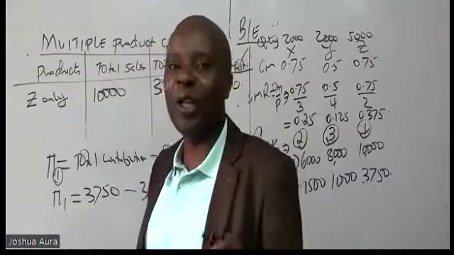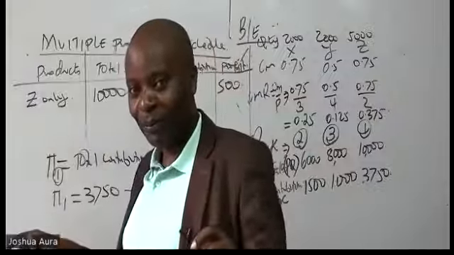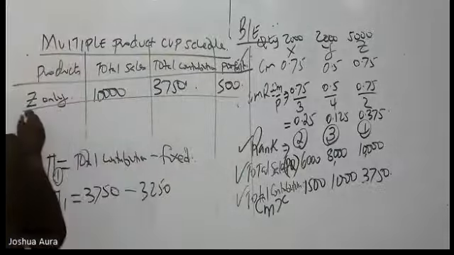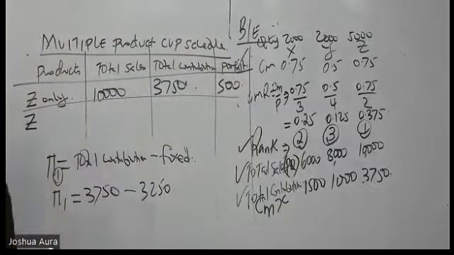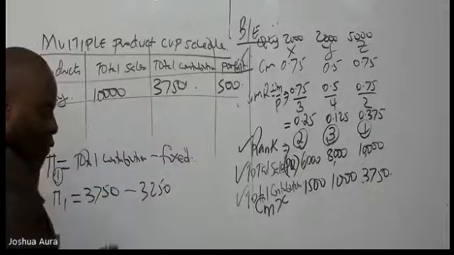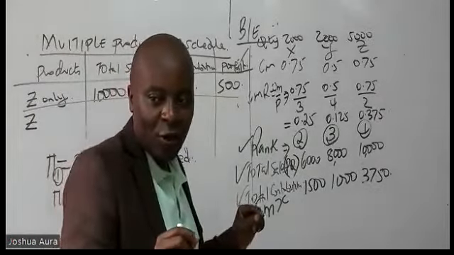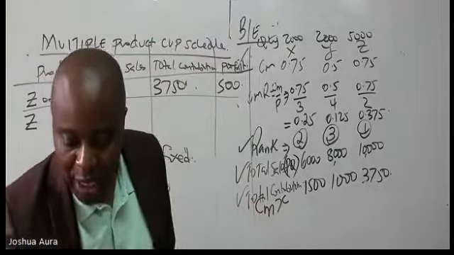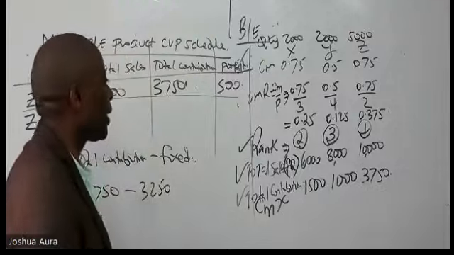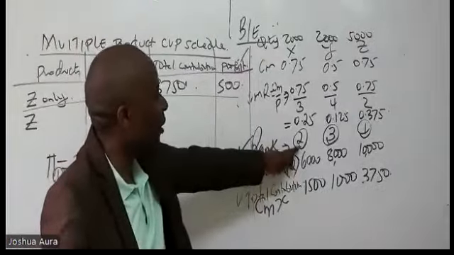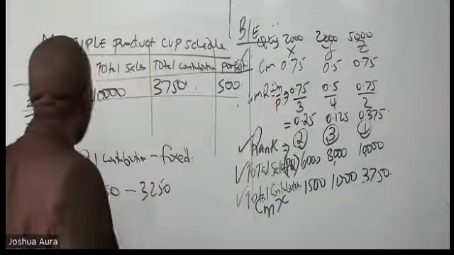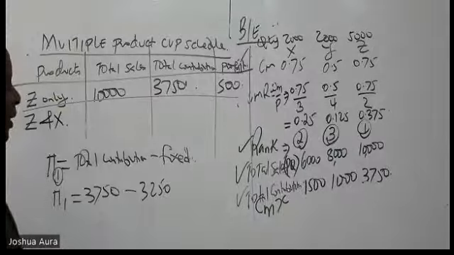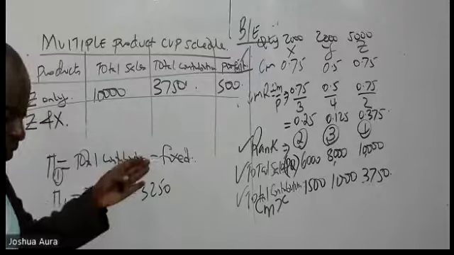Remember, I'm following the ranking. So the second possibility is for us to produce Z with the second ranked product, which here is X. So we produce Z and X. You start with the best ranked alone.